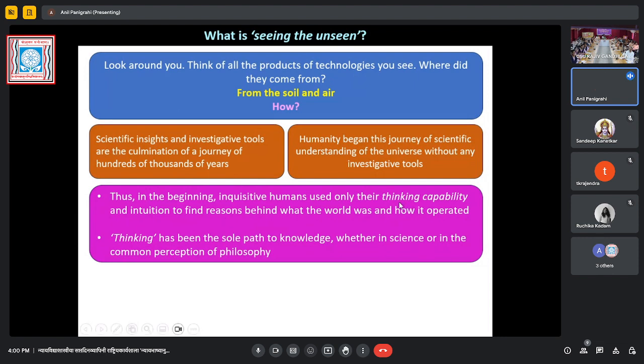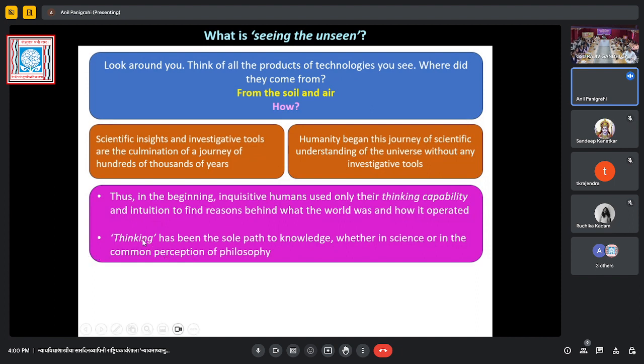They used their thinking capability and intuition to develop little tools, a log to transport something from point A to point B, and many other smaller devices. And from there, thinking alone has brought us to this level of modernity. I hope you agree with me here.